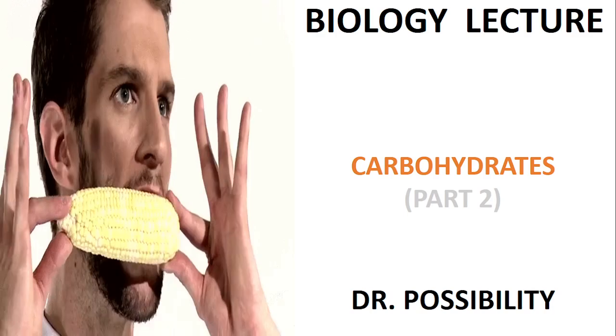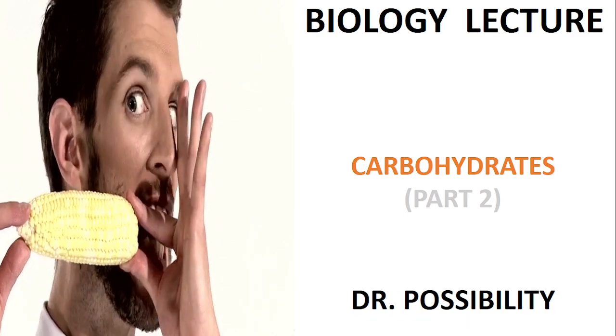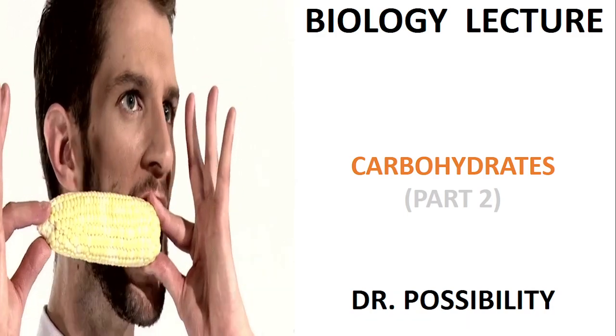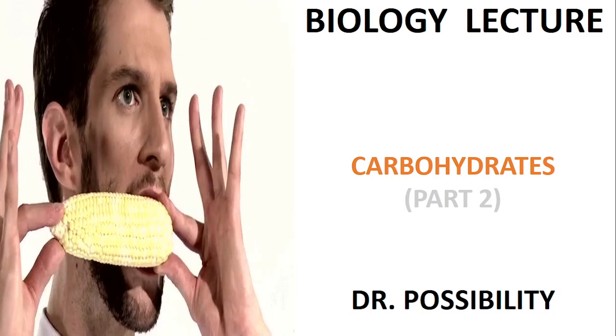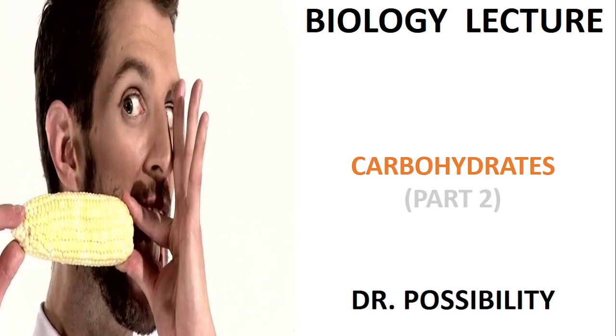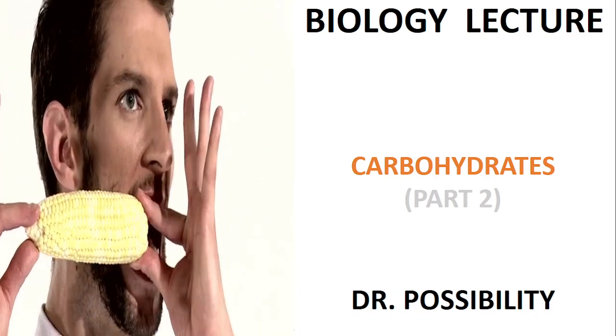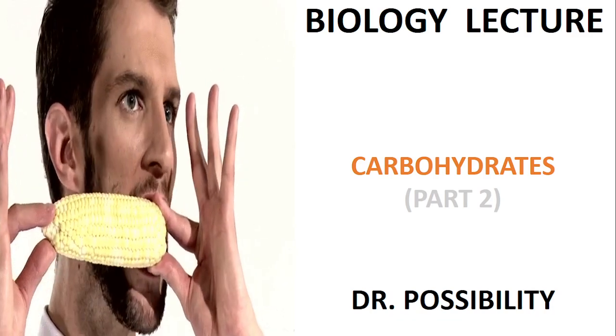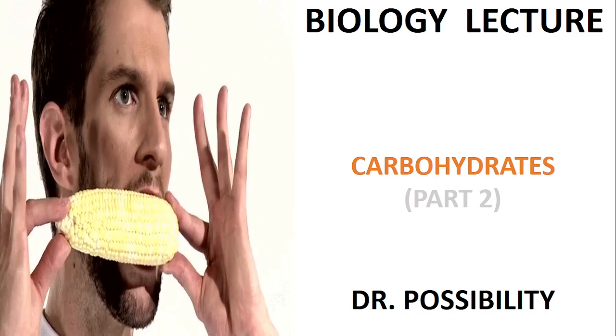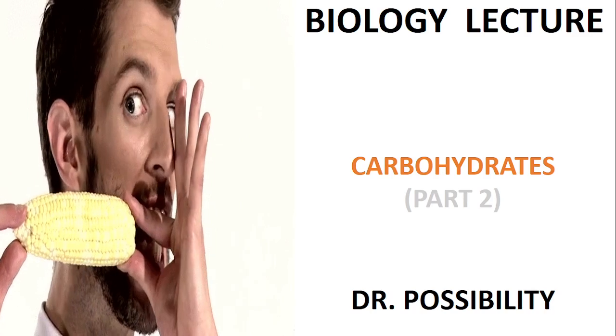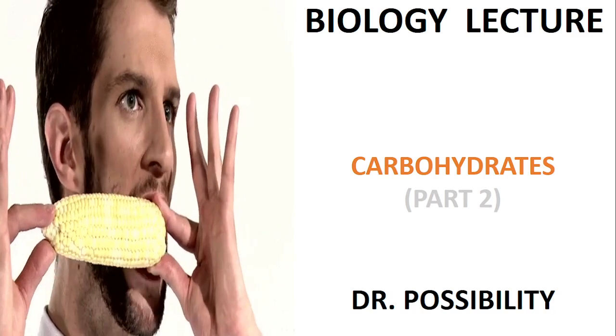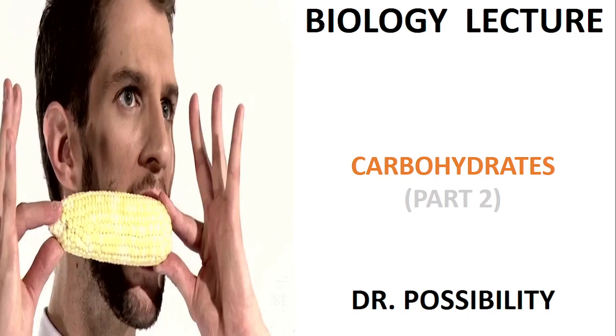Like we stated last time on classification of carbohydrates, we simply talked about carbohydrates being classified into three to four groups. Some books say four groups, and other books say three groups.